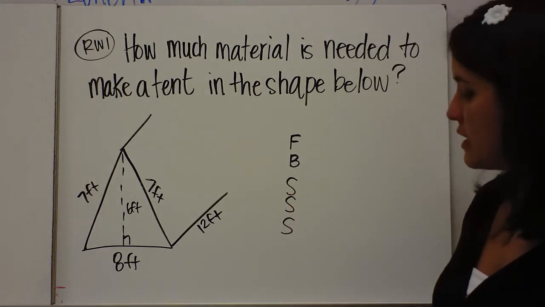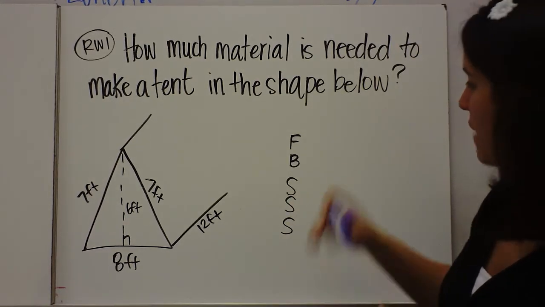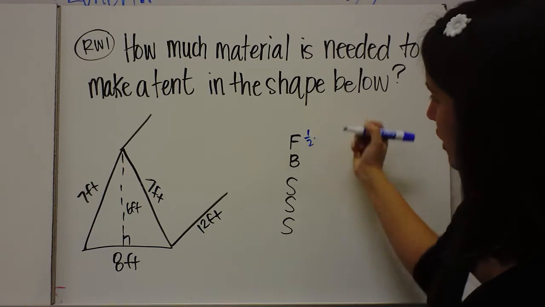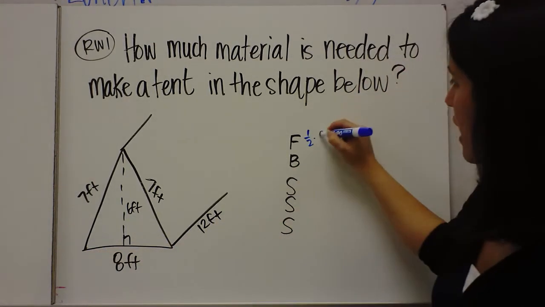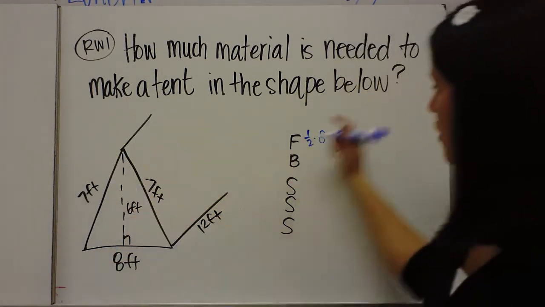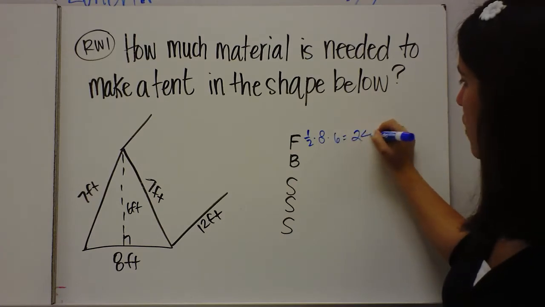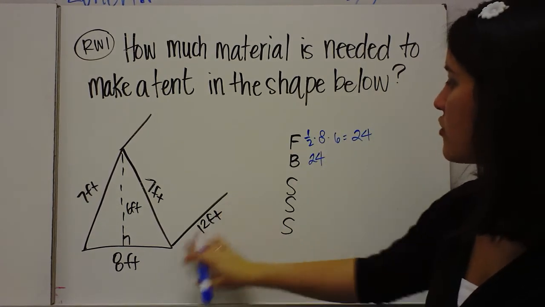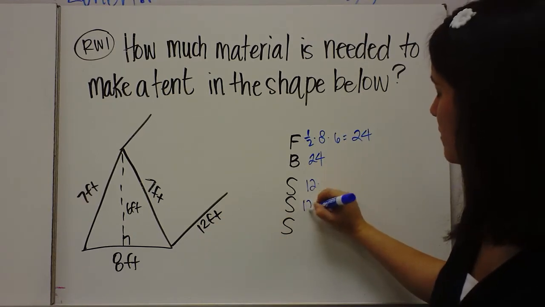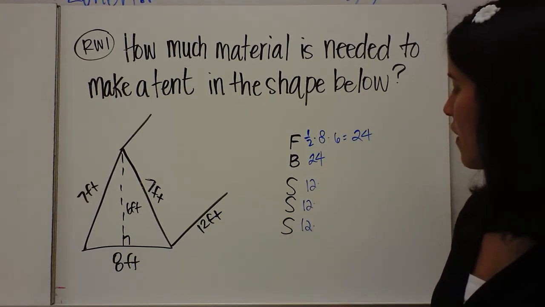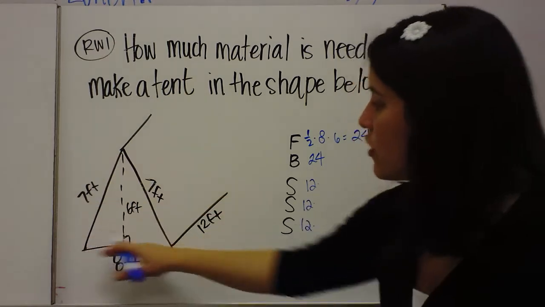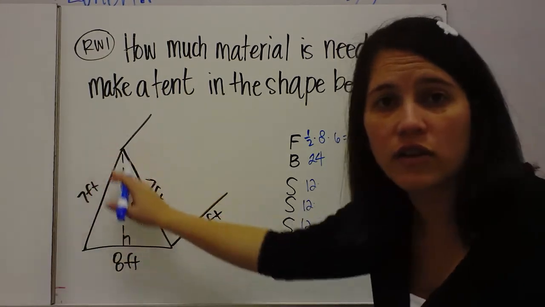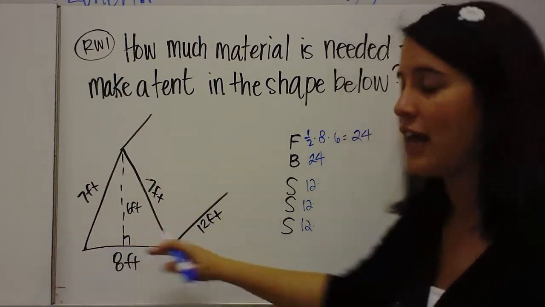So to find the front and back, we're going to do 1/2. Base of the triangle is 8. Height of the triangle is 6. So that's 24. And then the 3 sides are going to have this 12 in common. And the 3 sides of the triangle are 7, 7, and 8.